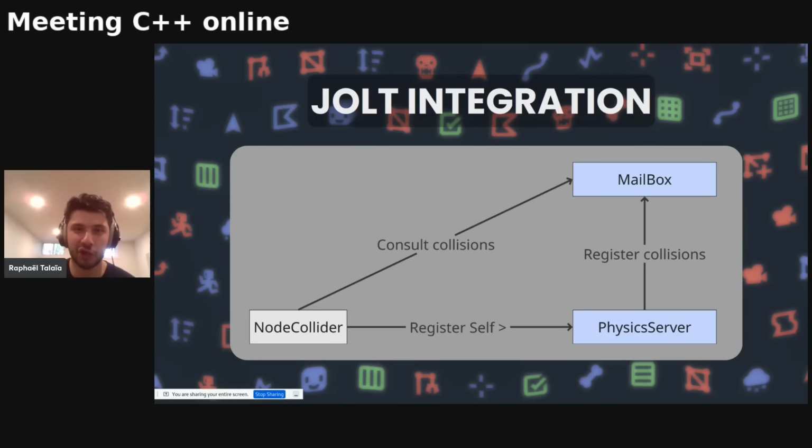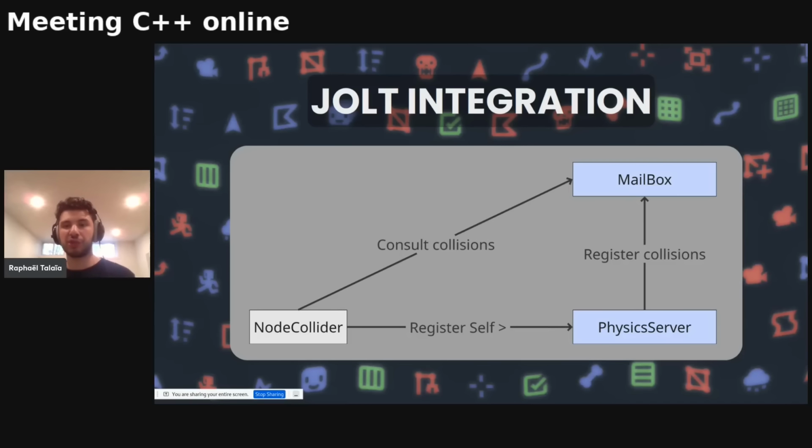So for the Jolt integration, we really try to keep it as simple as possible. So I hope it will be clear to explain. Here we have the node collider. If you remember from the hierarchy, it is the one responsible for registering a body, for example, to the physics server. A physics server is simply a wrapper or facade, depending on how you see it, to Jolt.